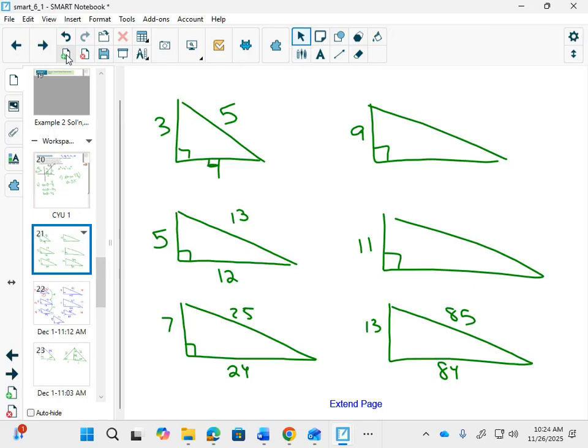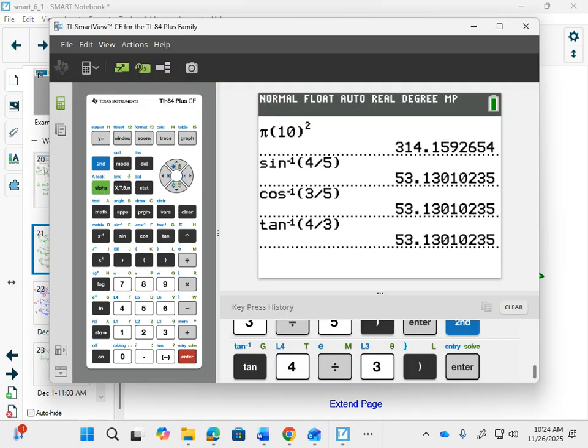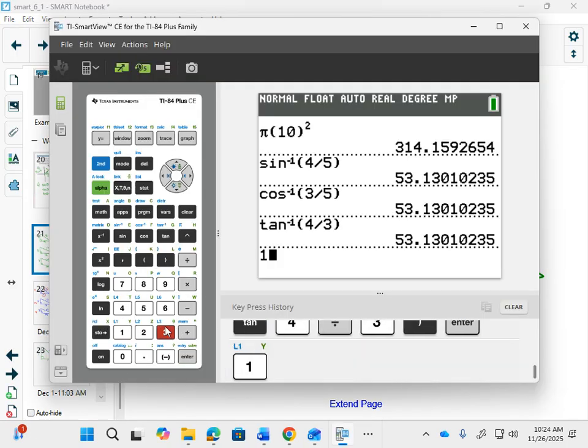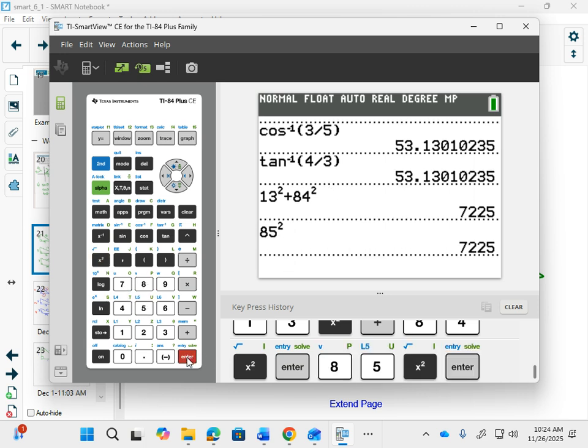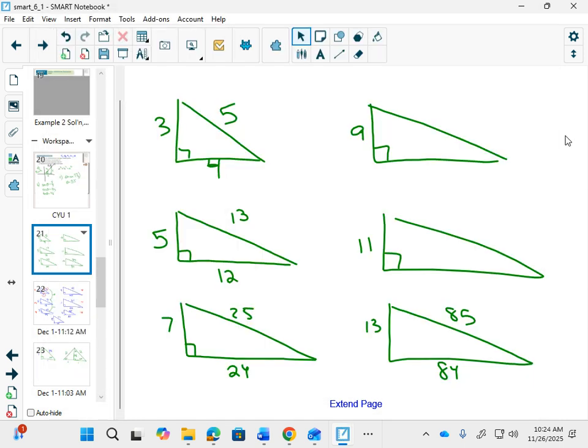Let's pull out our calculator. 13 squared plus 84 squared. Those are huge numbers. And what's 85 squared? Oh, it works. Okay.